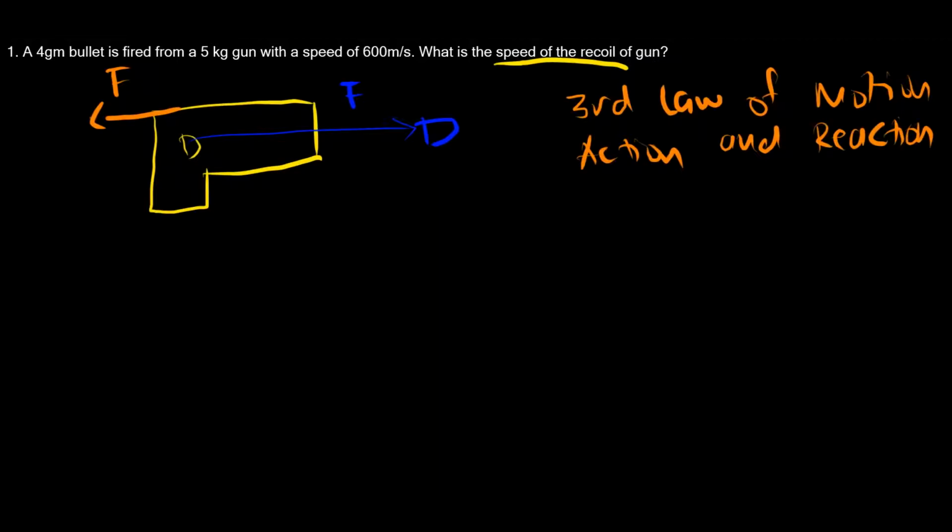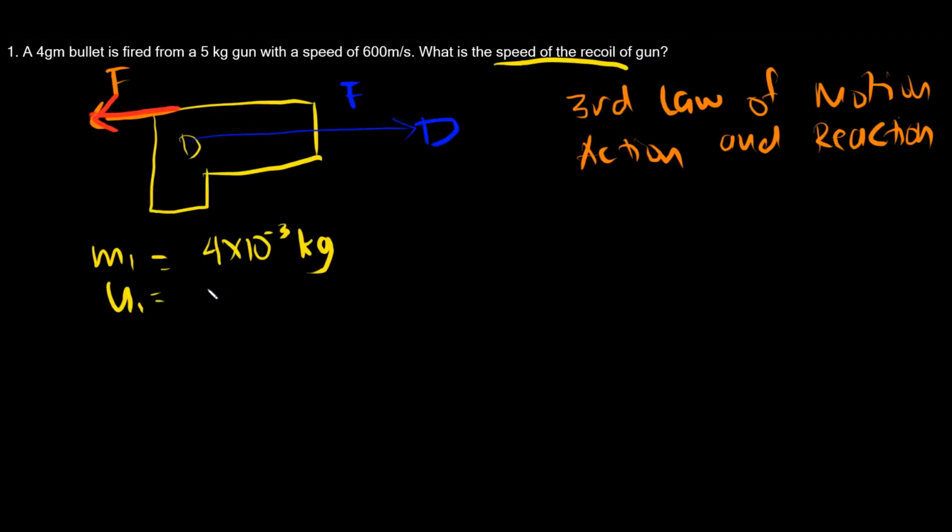Okay. Anyway, what we are looking for is the speed of the recoil of the gun. So, this is the backward speed. Now, the givens: mass 1, let's say the bullet, is 4 grams. Convert that to kilograms, you have 4 times 10 raised to negative 3 kilogram.